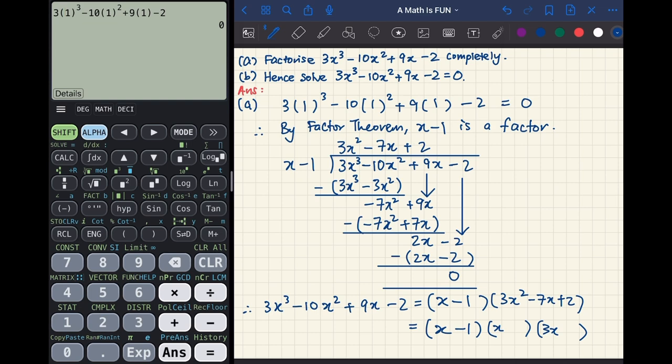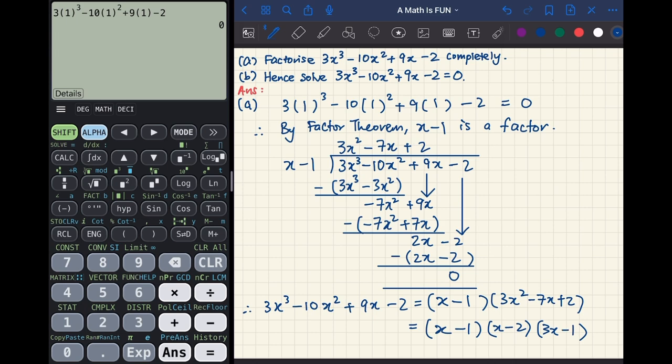Because this constant 2 is just 1 times 2, and I notice that there is a -7x for the middle term, I'm going to try to put this as 2, and this is 1, and then because we need -7x for our middle term, I'm going to put this as -2, and this is -1.